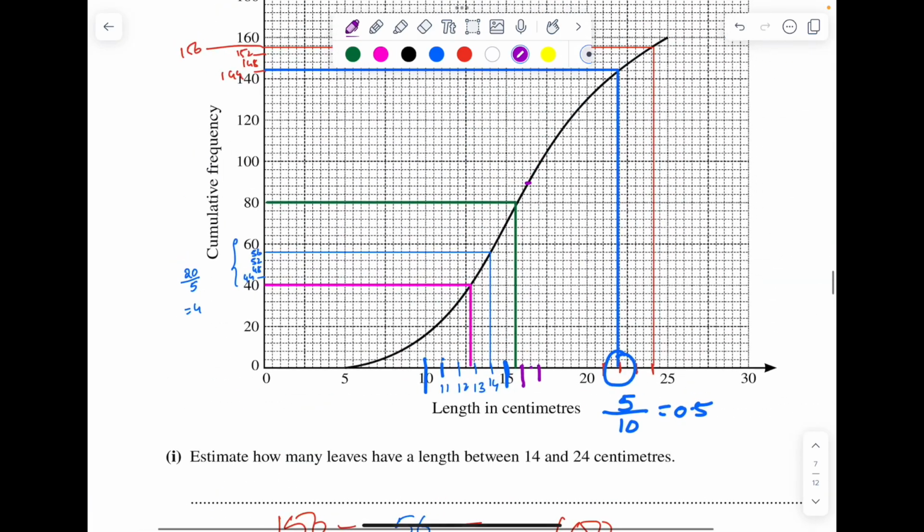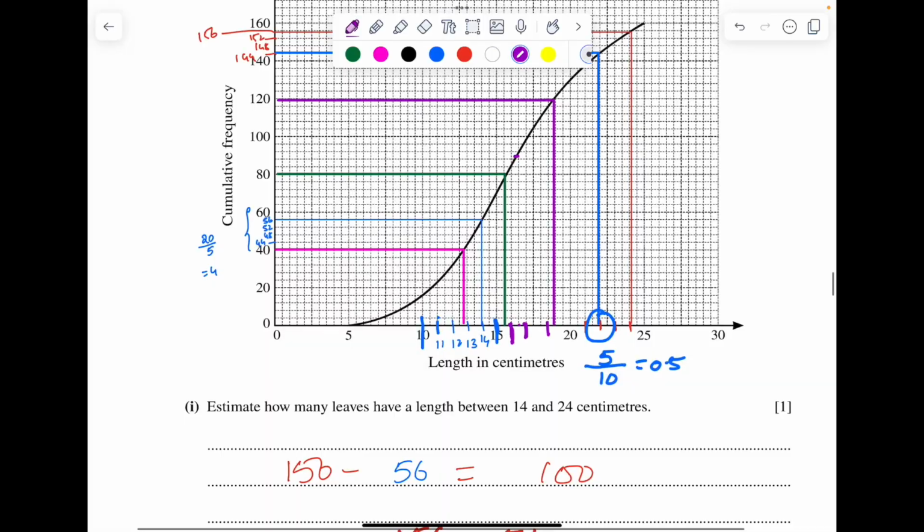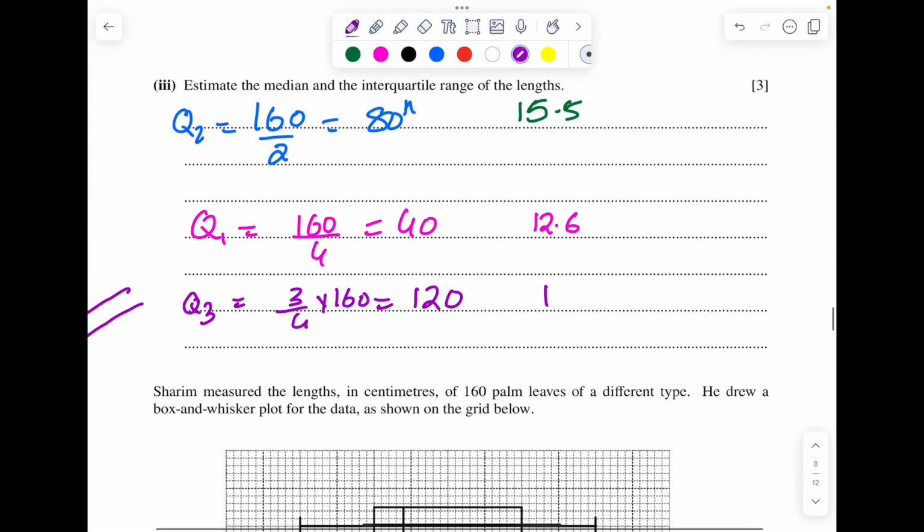From 120, I'm drawing the line and hitting the graph and coming down over here. So which is nothing but what, 17, and maybe this was 15, 16, 17, 18, 18.5. I can write it as 18.5.